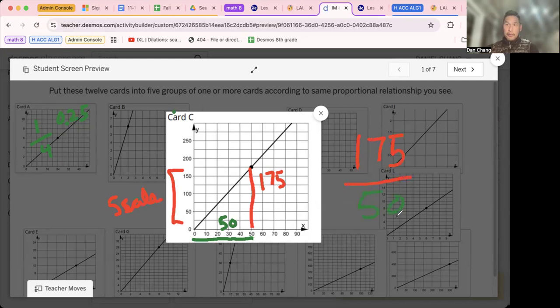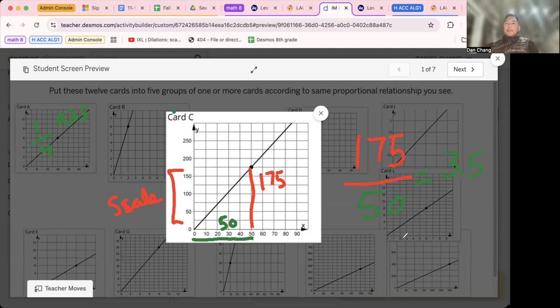Now, again, if you're going to use your calculator and you're just going to do the division, 175 divided by 50 in a calculator will get you 3.5, I believe.